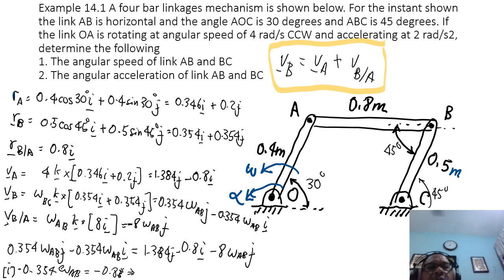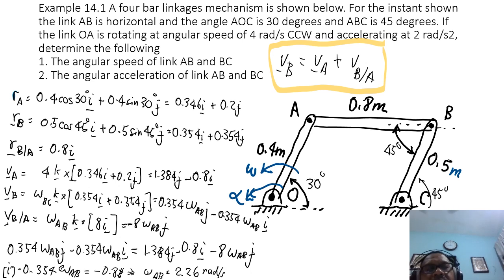So then I get omega AB, so from this set of equations we can find that omega AB is equal to 2.26 radian per second.